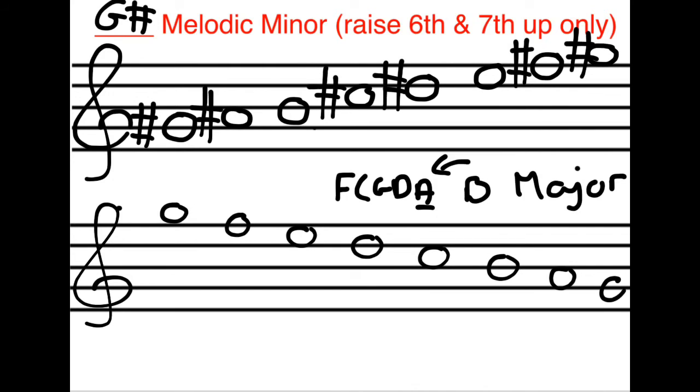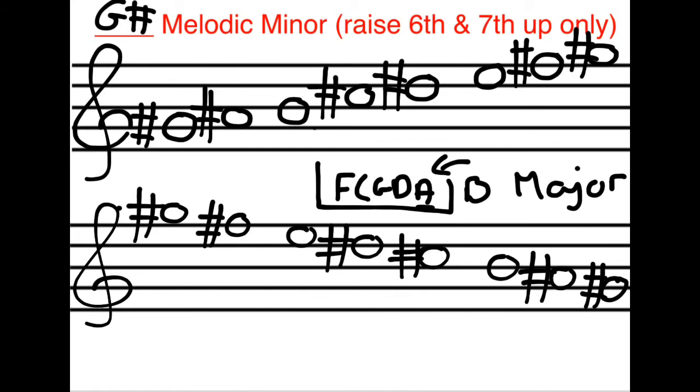And the same thing as before, put in your F sharp, put in your C sharp, put in your G sharps at the beginning and at the end, put in your D sharp, and put in your A sharp. Okay, so that's the first part of the process. You've put in all those sharps from the relative major.